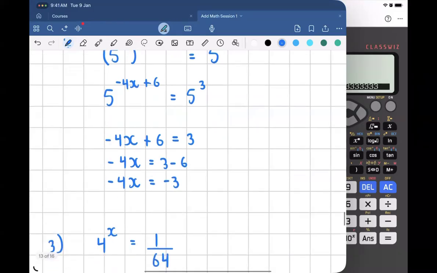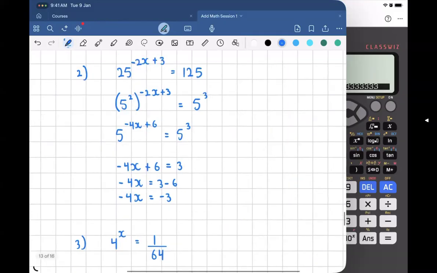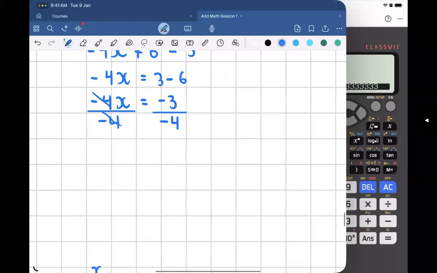And what's the last step, Shana? Oh, you divide by minus 4 on both sides. All right. Minus 3 divided by minus 4, negative divided by negative is a plus. So x is equal to 3 over 4.